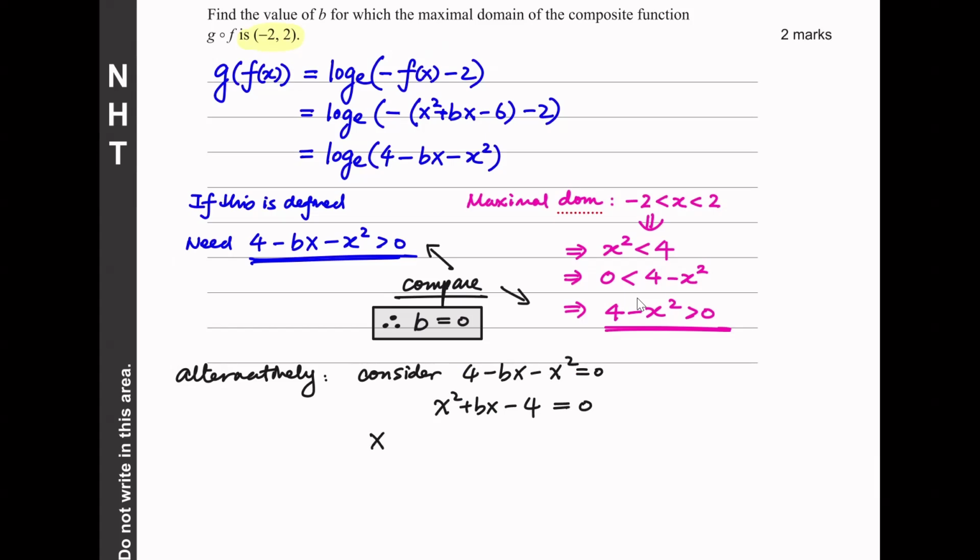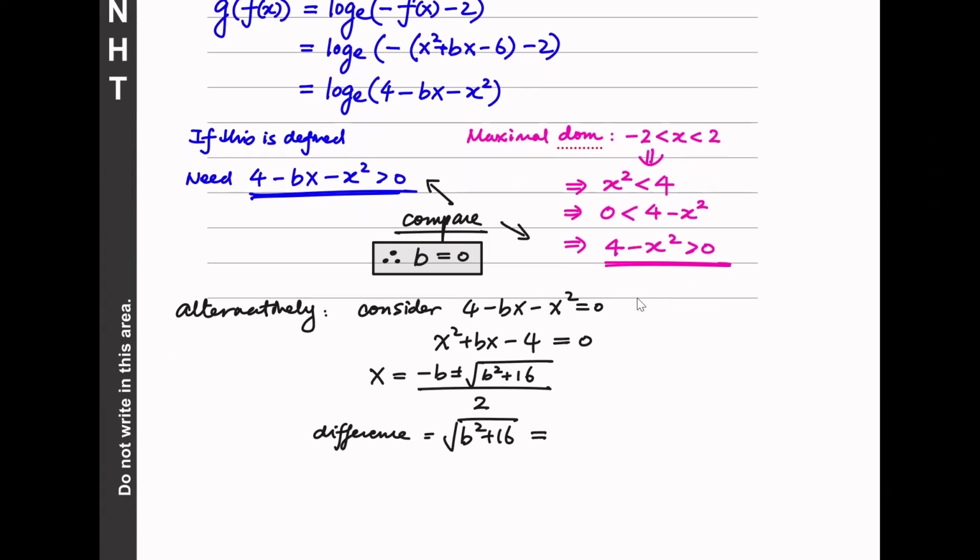And then x equals minus b plus or minus the square root of b squared plus 16, divided by 2. So the difference, just cancel out the minus half b, you get the square root of b squared plus 16. And it should be 2 minus minus 2 equals 4. So b squared plus 16 equals 4 squared, equals 16. Therefore, b squared equals 0, and b equals 0. So that is another method.